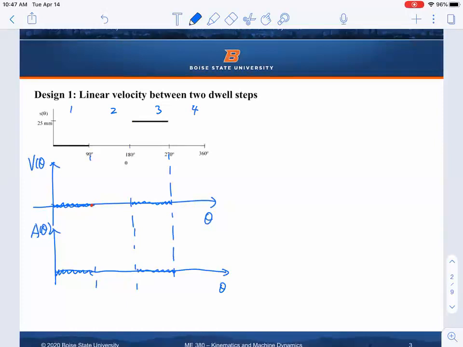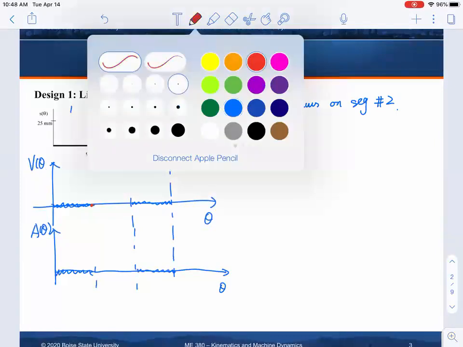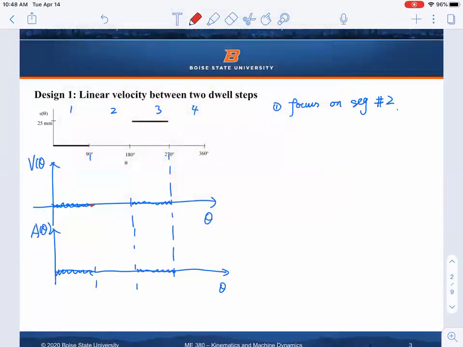Let's first focus on segment number 2. Because we already know that the acceleration should be continuous, let's directly give it a continuous function, a sine wave with an amplitude of c, from half pi to pi. And then we can describe this sine wave.